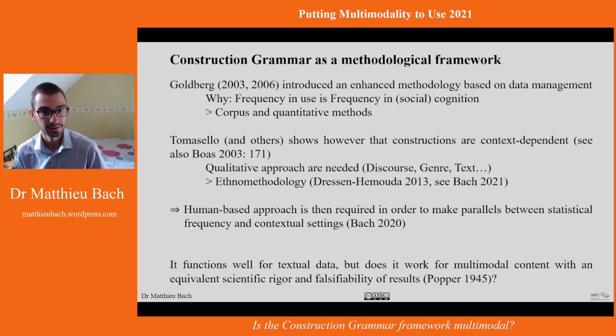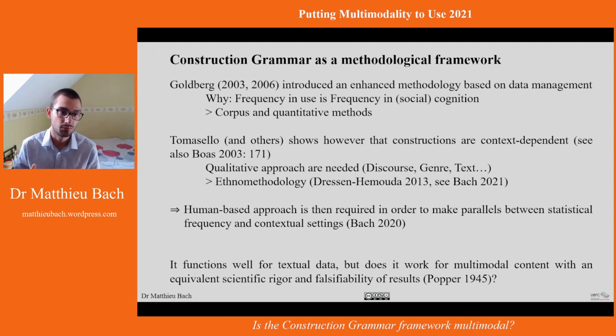So, as I said, we do need quantitative methods, but in the end, we need a qualitative approach in order to understand how discourse, from a Foucauldian perspective, might structure the overall information transfer, how genre interacts with it, and how the textual structure or the gestural structure interacts with the information transfer.